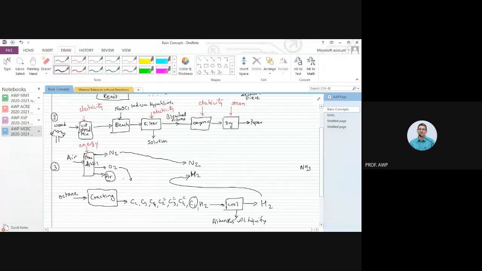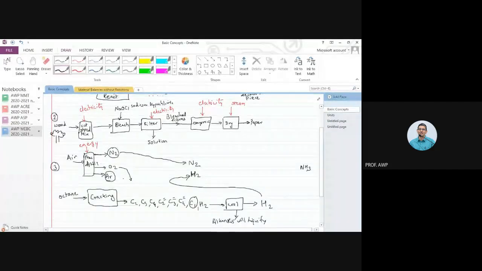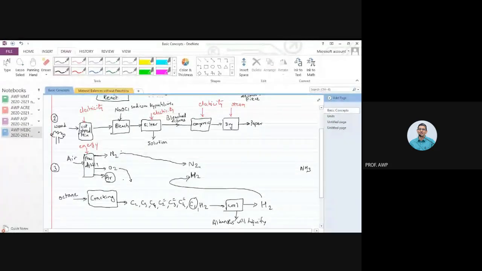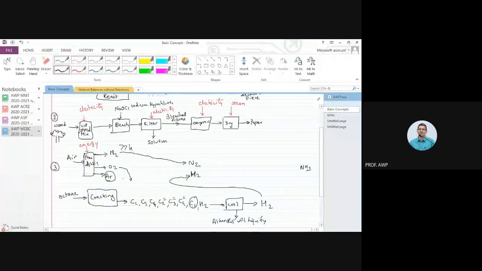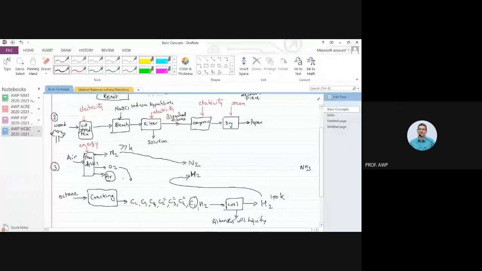One second. This nitrogen that we have got is coming from fractional distillation. It is coming at low temperatures, isn't it? Let's say this nitrogen is 77 Kelvin. I want all these alkanes to liquefy, which means this temperature will also be lower, maybe let's say 100 Kelvin. So we have nitrogen and hydrogen at low temperatures.